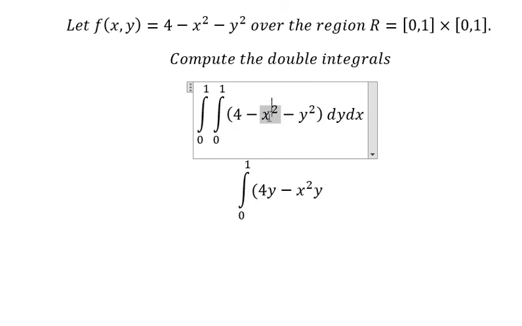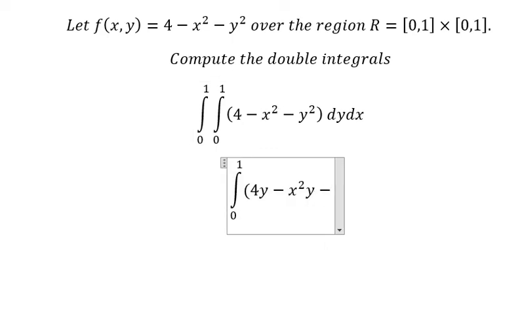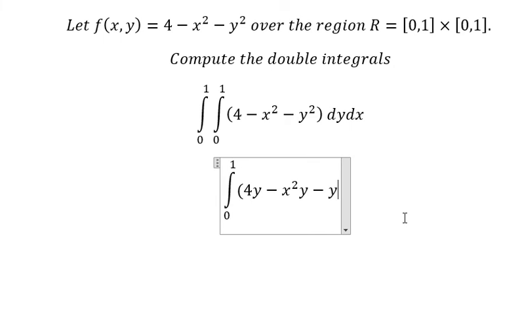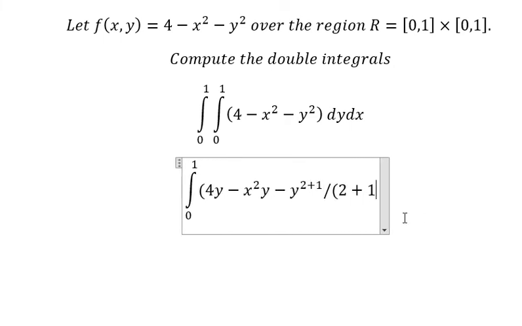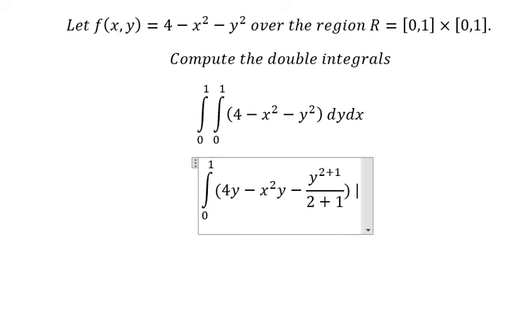This one is just like a constant. That's why you got 4 with y and x squared with y. The integration of y squared, you got y to the power of 2 plus 1 over 2 plus 1. And we put the bounds from 0 to 1.